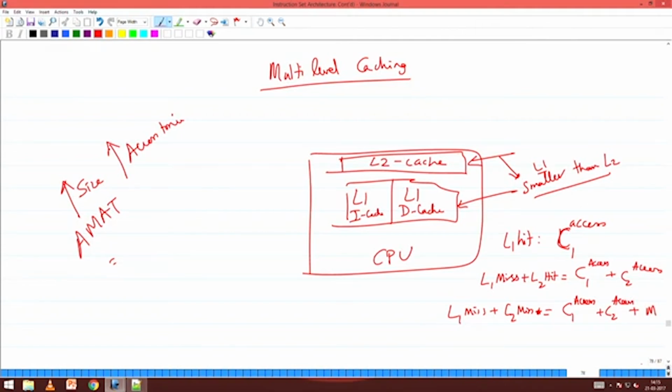Okay. So we already saw AMAT is equal to C1 access plus 1 minus H1, let H1 be the hit ratio of level 1 cache, into miss penalty. You have seen already this equation. So this is nothing but C1 access plus 1 minus H1 into, what is the miss penalty here?